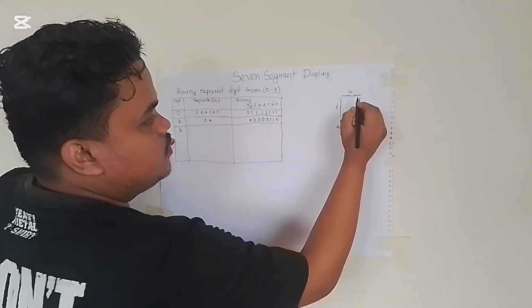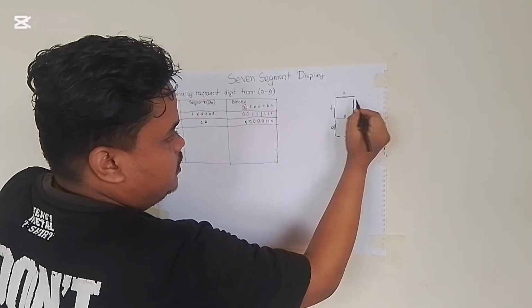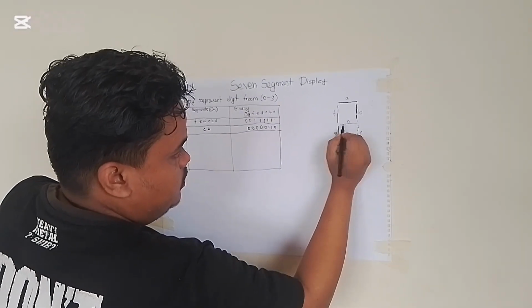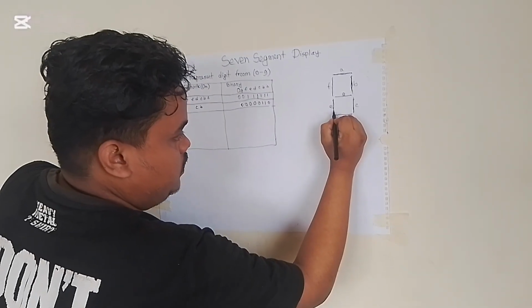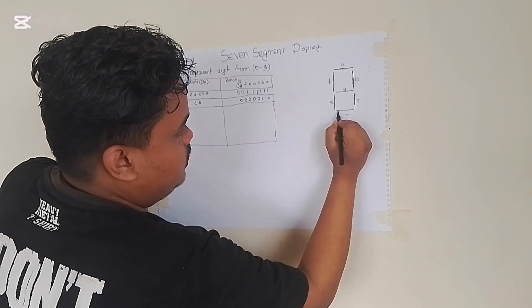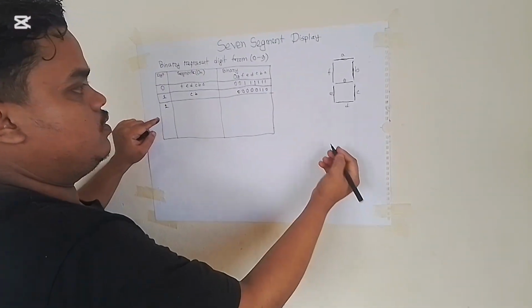For 2, A segment is 1, B segment is on, G segment is on, E segment is on and D segment is on.